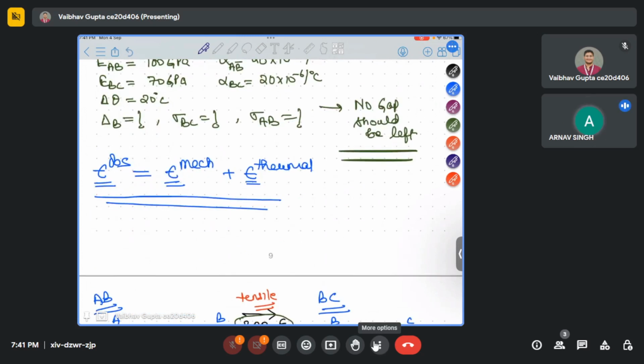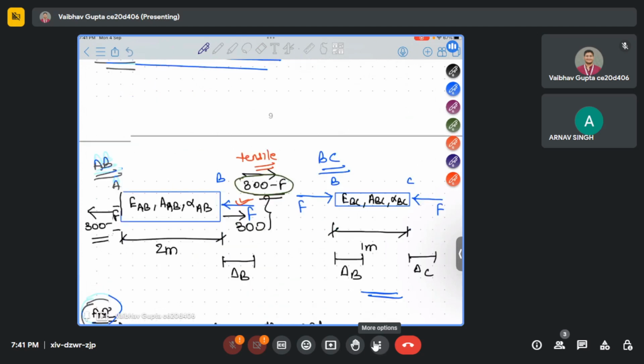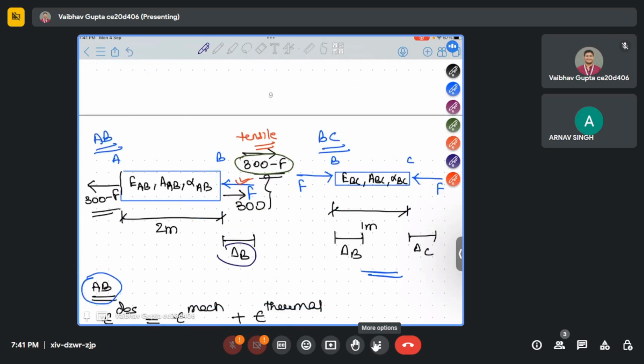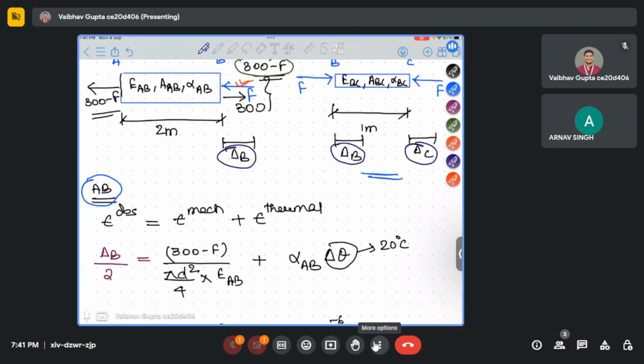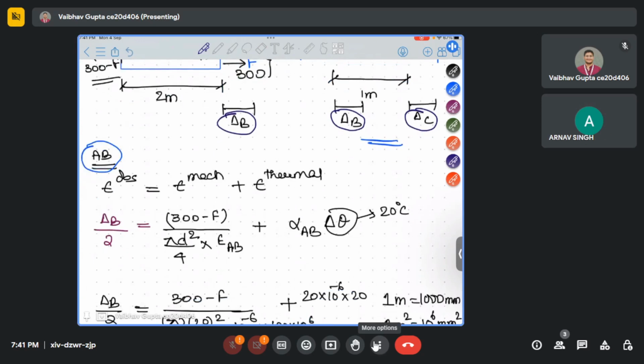Sir, this is what we call displacement? No, this is your strain. Displacement is delta B. See, this thing is displacement. We have found this out in this question with the help of equilibrium conditions and strain relations.